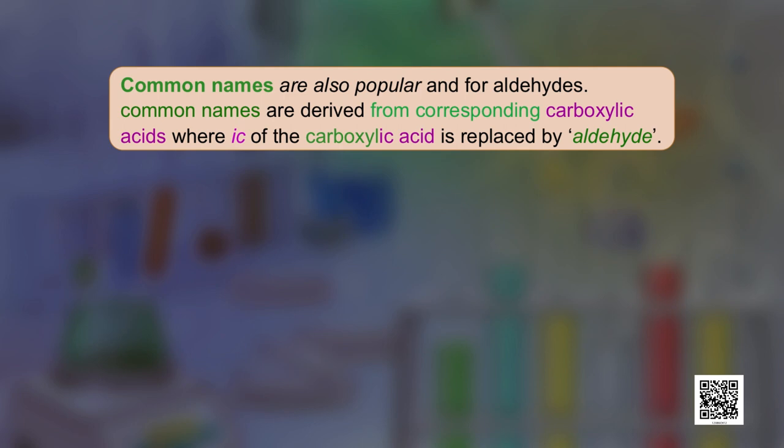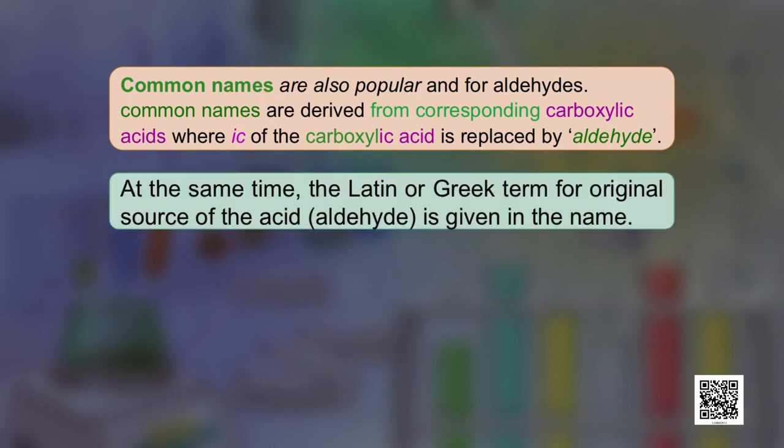The common names are also very popular for aldehydes and are derived from the corresponding carboxylic acids, where the IC of the carboxylic acid is replaced by the word aldehyde, and at the same time the Latin or the Greek term for the original source of the acid is also given in the name.